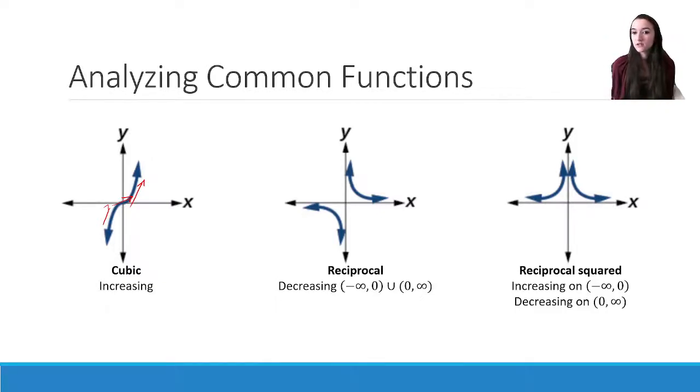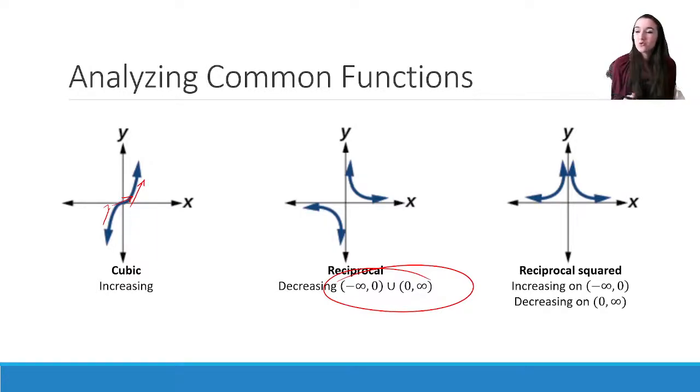The reciprocal function, this one is decreasing and then decreasing again. But notice that we've written our interval with a union. Even though it is decreasing on its whole domain, its domain is actually this combined interval as given.